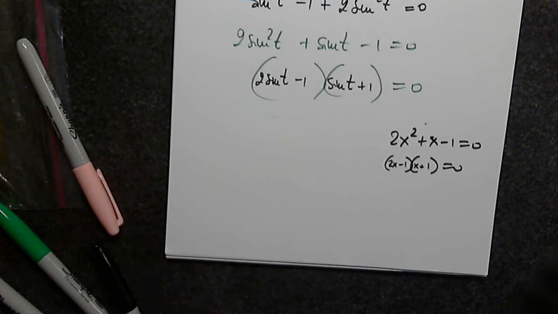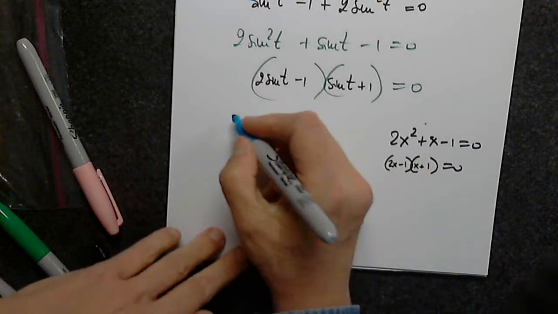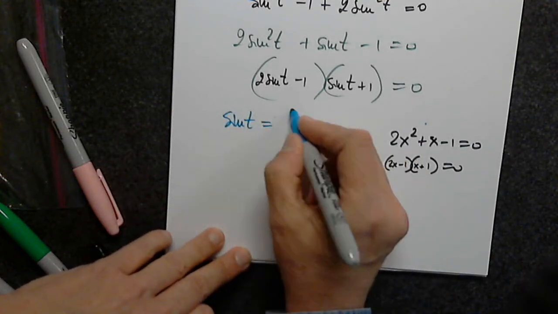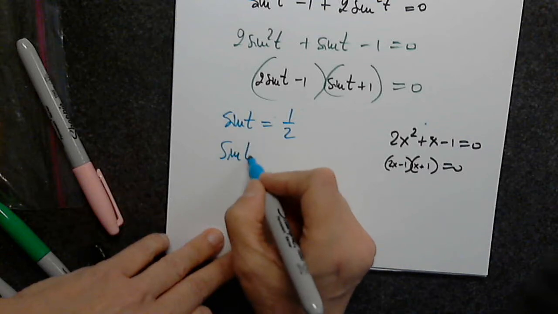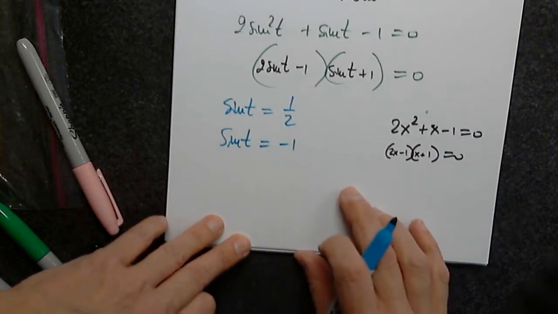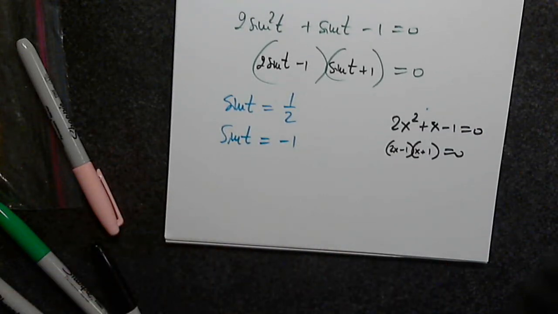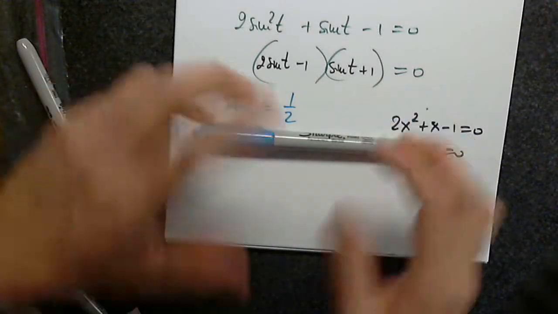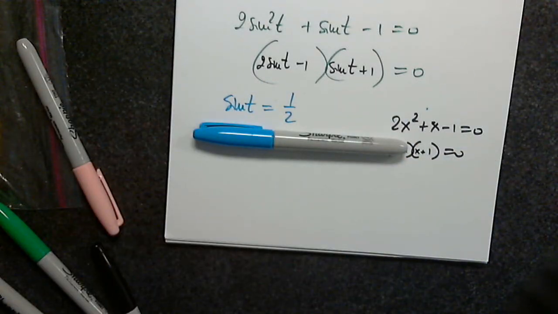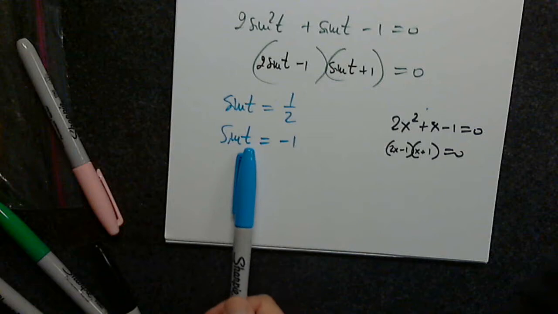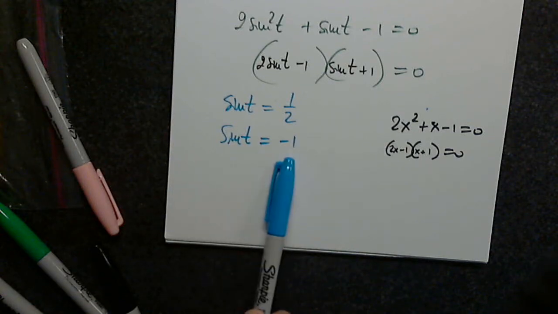So then sine t equals 1/2, and sine t equals -1. Luckily, that's not possible in the first quadrant. There is no angle whose sine is -1 in the first quadrant.